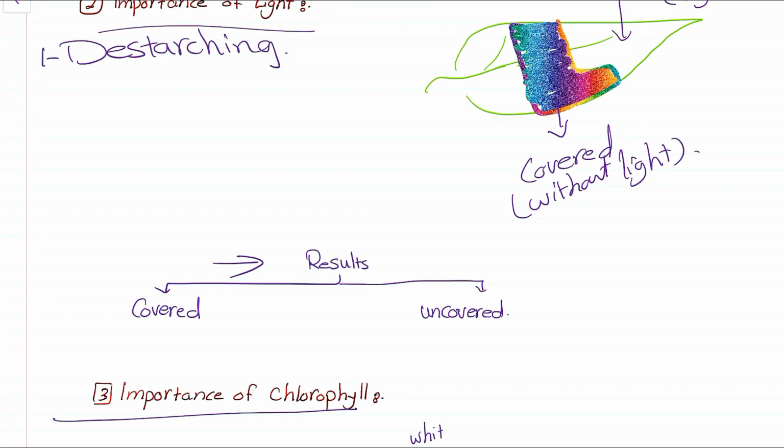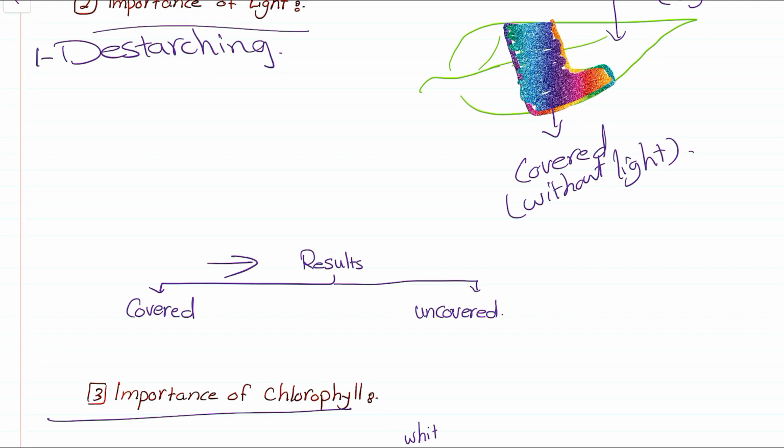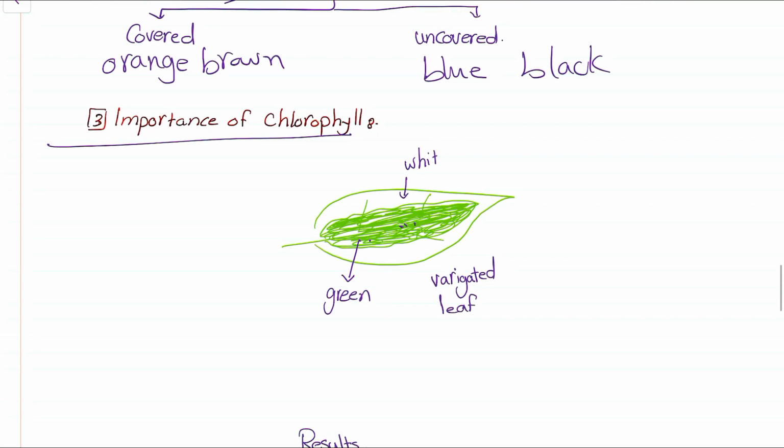What are the results after testing for the starch? I have covered one without light, so the result will be orange brown. But here, blue black. So it means the light is very important for the photosynthesis, because without it, no starch formed at all.